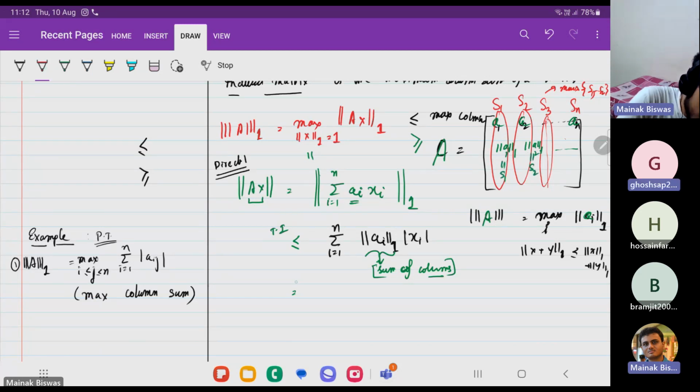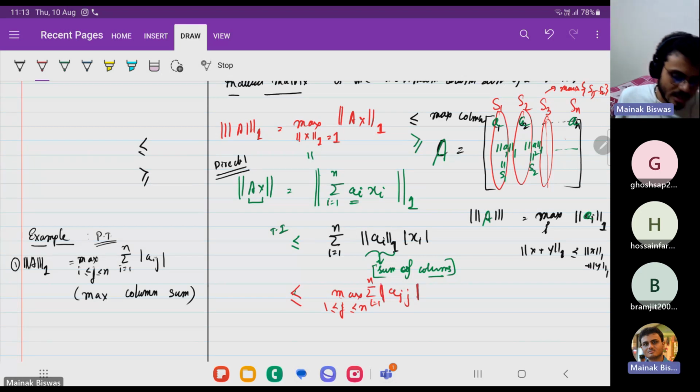Okay, so if I put an upper bound, if I put a max over j between 1 to n, of the summation over i equal to 1 to n of |a_ij|. Is this okay?